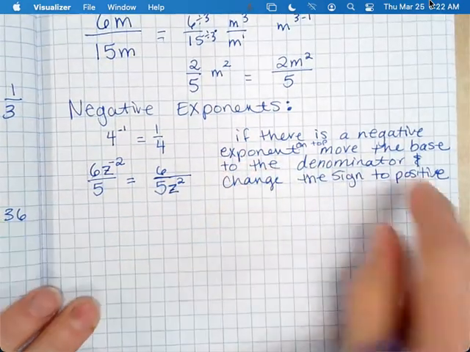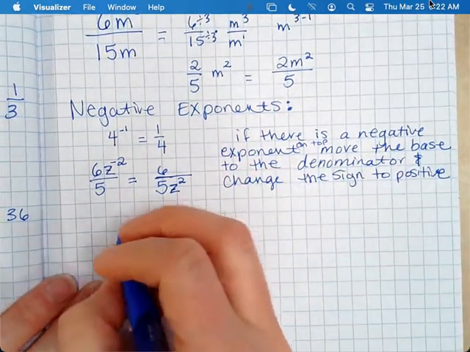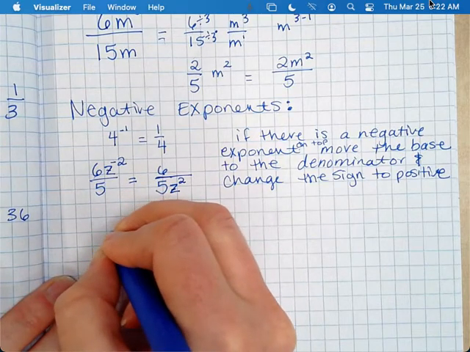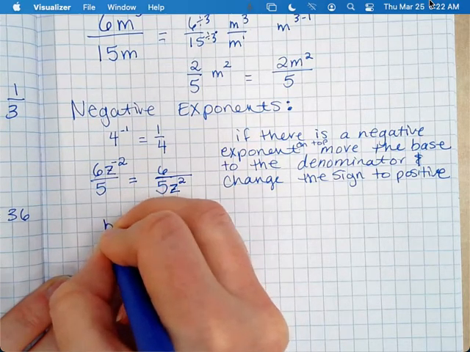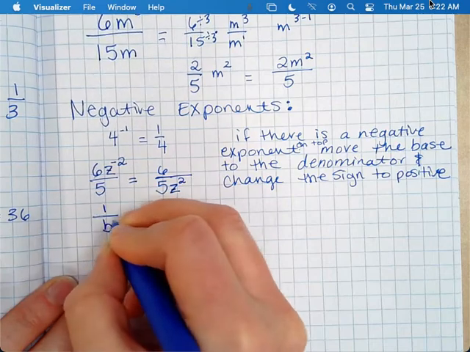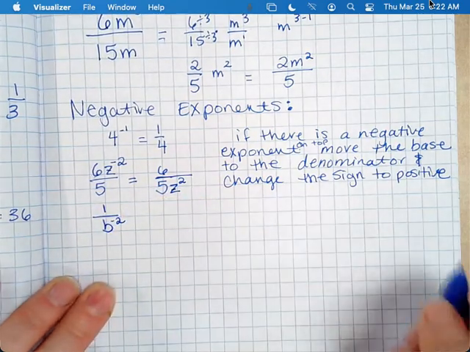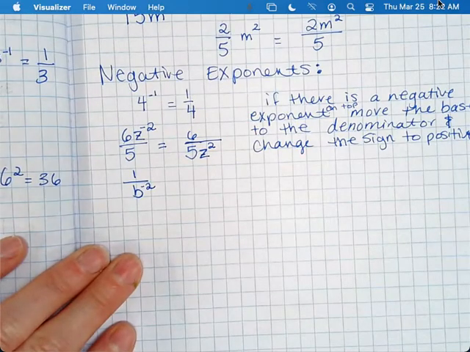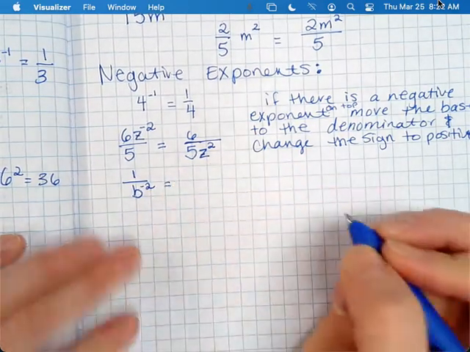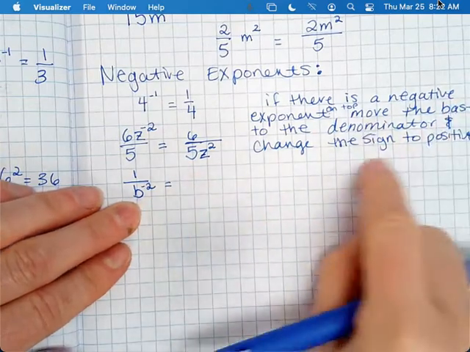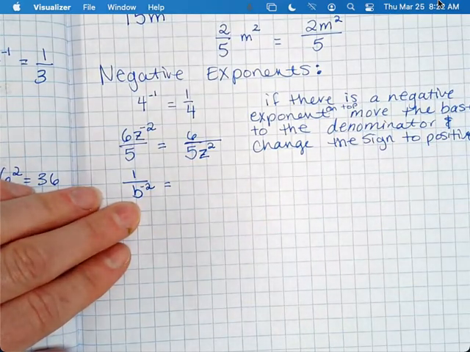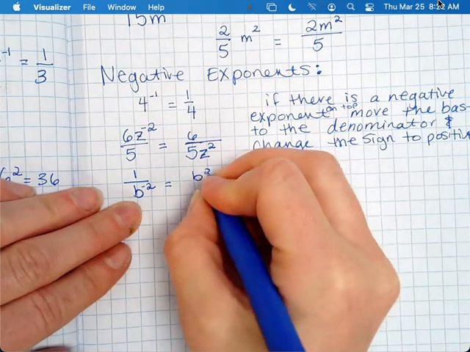Okay, so let's say that we have 1 over b to the negative 2. So if there's a negative exponent in the denominator, you move it to the top and change it to positive. So this would be just b squared.